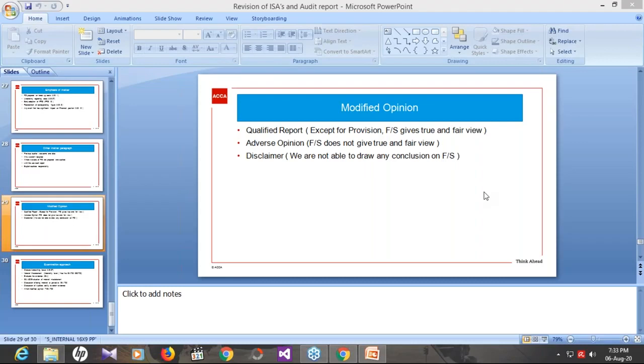For example, if management has not recorded a provision of 50 million and the company has reported 40 million profits, then if the company records that liability, the profit of 40 million will be converted to a loss of 10 million because the provision value is 50 million. So this is a substantial effect.